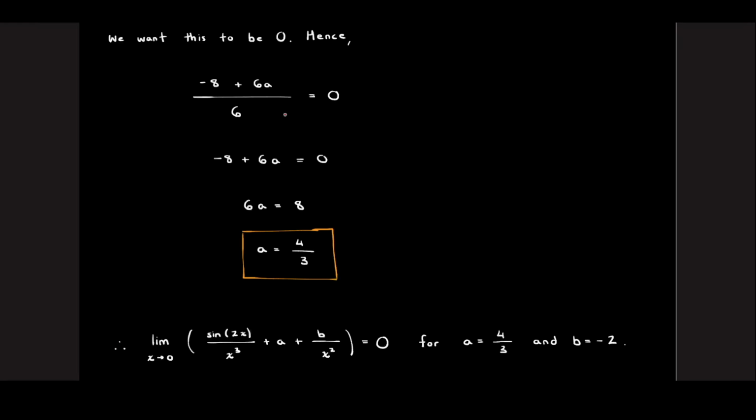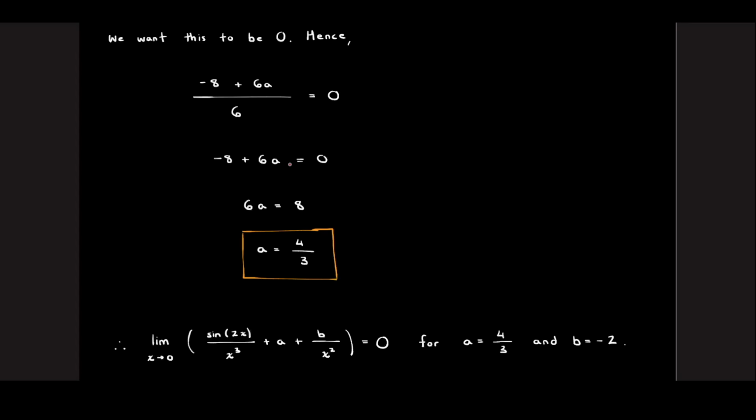Now I would like you to remember what our goal was. The goal was to figure out for what values of a and b this limit exists and equals 0. We have an expression for the value of this limit, so we want this to equal 0. Now we can go ahead and solve this simple linear equation. You can multiply both sides by 6 to get rid of the 6.